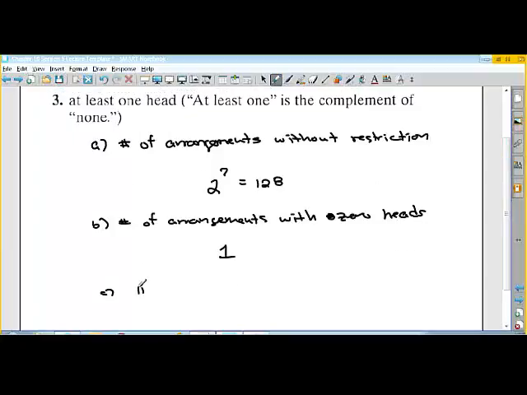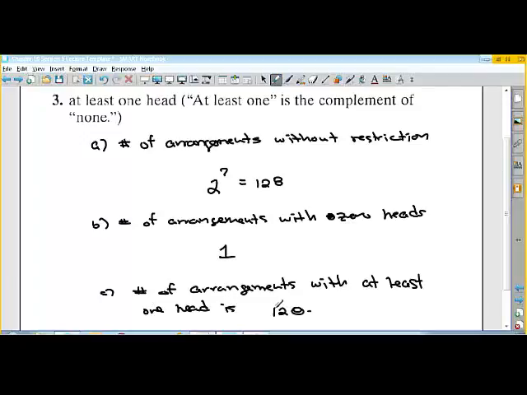So to answer their question, the final answer, number of arrangements when you flip a coin 7 times, the number of arrangements with at least 1 head is the difference, 128 minus 1. So it's 127.